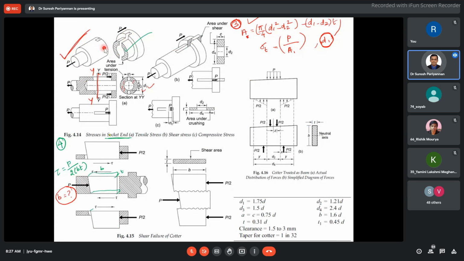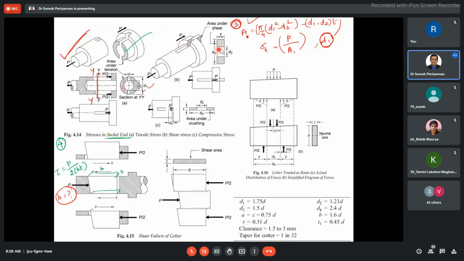You may ask, sir, there may be a failure here too, but we already evaluated that failure in the cotter. Here the socket component is going to have a shear failure. When we insert the cotter from top to bottom, shear is going to happen in this region.